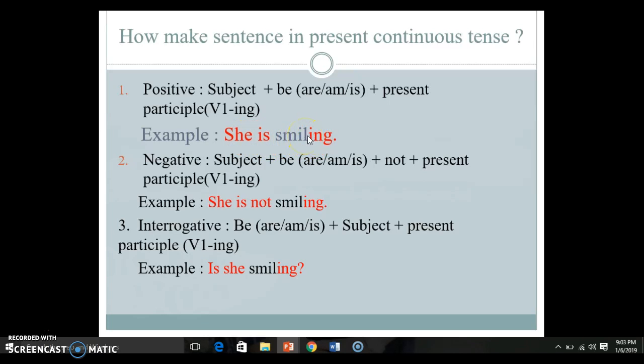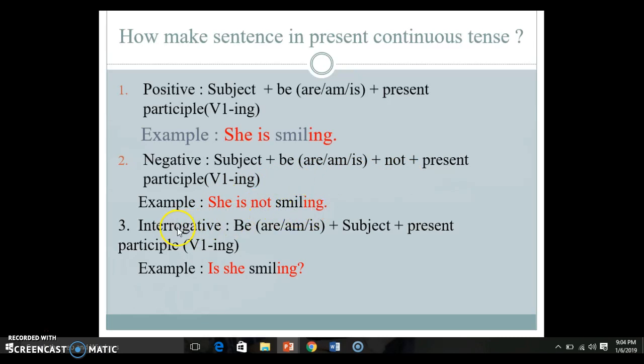ing is verb participle. And for negative sentence, the formula is subject plus be (are, am, or is) plus not, don't forget to use not, plus present participle verb 1ing. For example, she is not smiling.